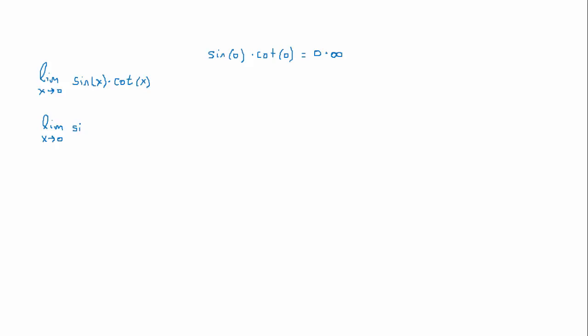So let's try that. And now we can see we have our common factor of sine that we can cancel out, and this gives us the limit as x approaches 0 of just the cosine of x. And doing the direct substitution, we get the cosine of 0, which equals 1.